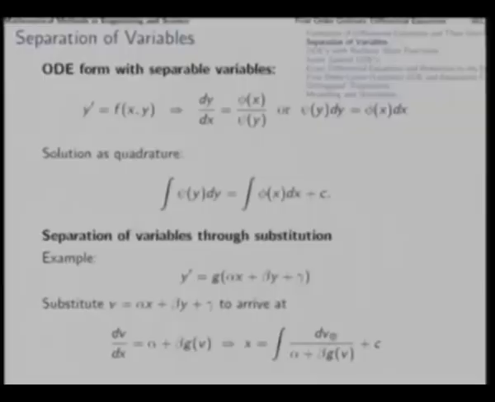It is as good as finding the other. Not only that, if you could find an implicit relationship between x, v and c, then also we would say that the differential equation has been solved. Now, after finding this relationship between x, v and the constant c, one can put v equal to this, and that will give us the relationship between x and y which we were looking for. That is the solution of the differential equation.